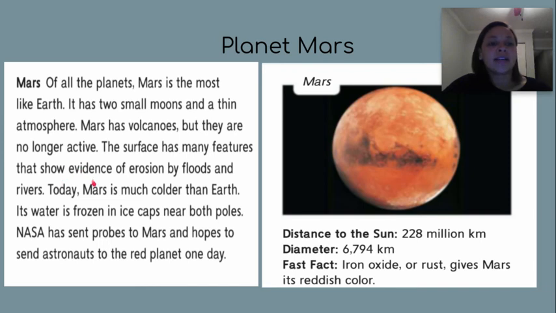Although, if you look right here, it says Mars is much colder than Earth. So its temperatures are not, on average, as warm as those on Earth. Another interesting fact, in this second to last sentence, is that its water is frozen in ice caps near both poles.